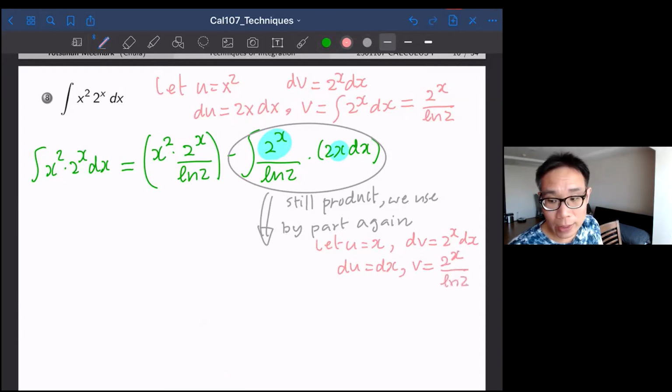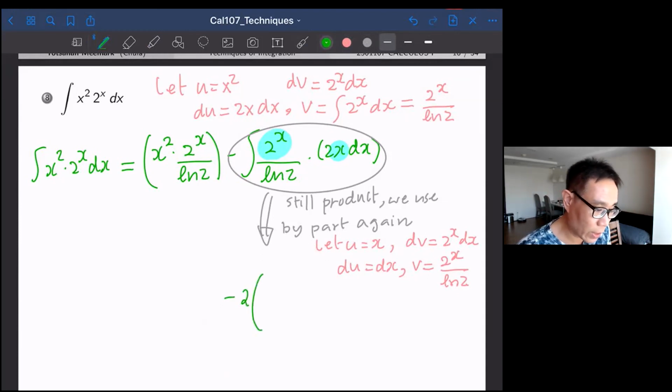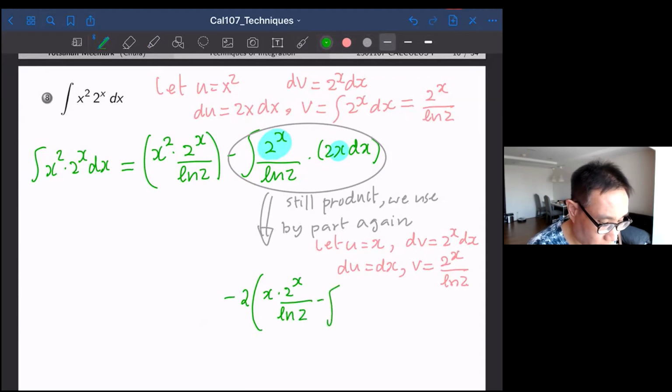Okay, so for this one, you see that you'll be able to use by parts again. You have the 2 outside, and you're going to just have uv. So it's going to be x times 2 to the x over log 2 minus the integral of v, which is 2 to the x over log 2, and du turns out to be dx.